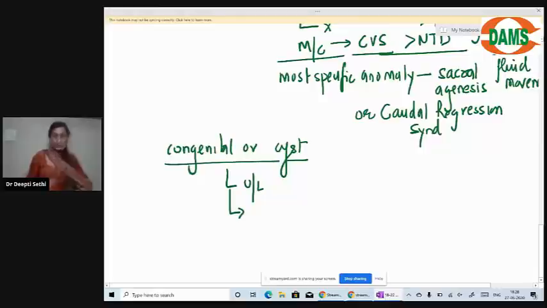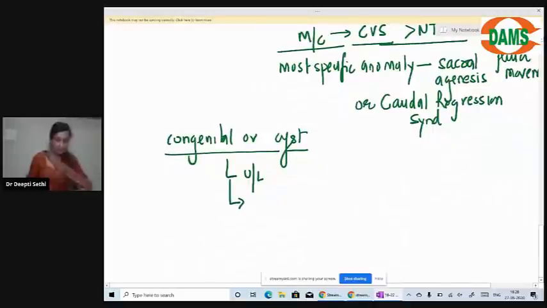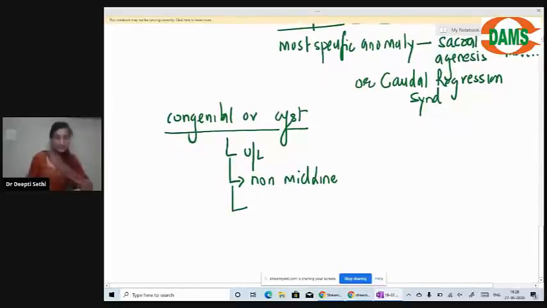Then the requirement to make a diagnosis of congenital ovarian cyst in the fetus is that the cystic structures should be non-midline, which is okay. Here they are non-midline, one is on the right, one is on the left. Second thing is that the urinary tract has to be normal looking.